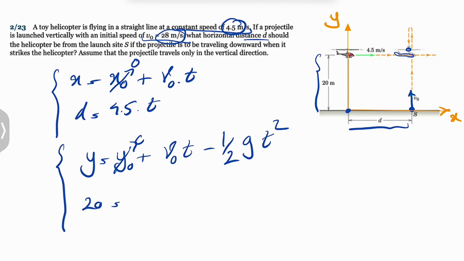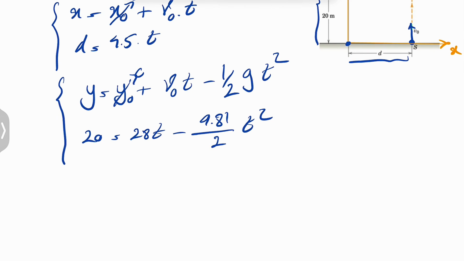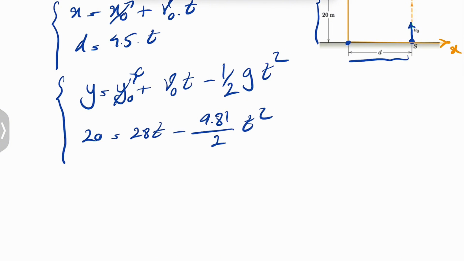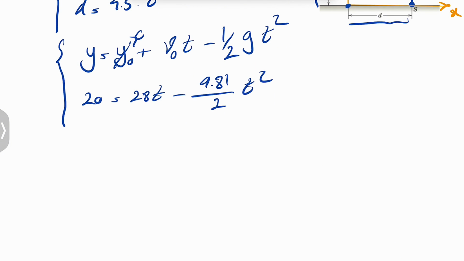The initial velocity of the projectile is 28, so 20 equals 28t, minus 9.81 divided by 2 times t squared. Now we have to figure out the t, and we have a quadratic equation. We can use our quadratic formula. So I'm just going to bring everything to the left side: 9.81 divided by 2 t squared, minus 28t, plus 20 equals 0.